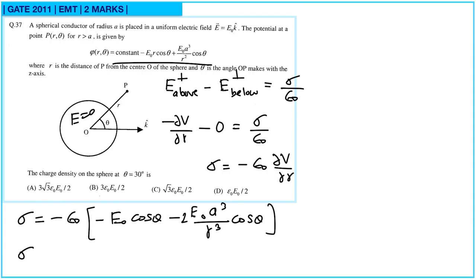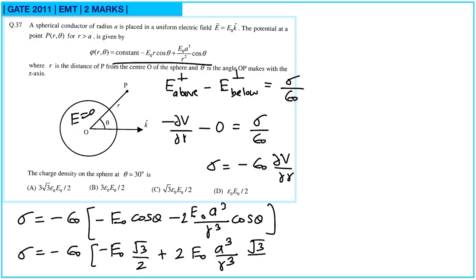And we have to find value of this at theta is equal to 30 degree. So this will be minus of epsilon naught into minus of E naught into cos of 30 degree. And cos of 30 degree is root 3 by 2 plus 2 into E naught into A cube upon R cube, and cos 30 is root 3 by 2. And we are calculating it on the sphere. So on the sphere R is equal to A.